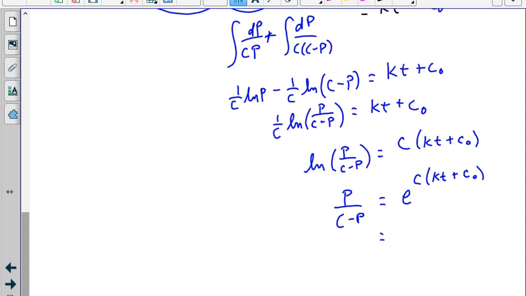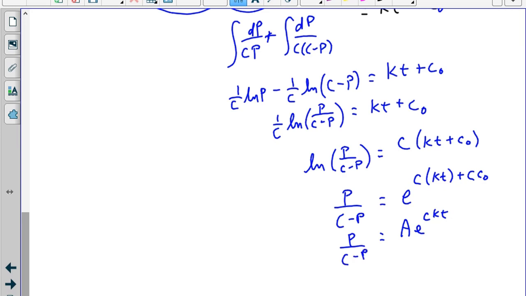Notice that e to the ckt is something that I can have here, and then I can change this to be A, some other constant. If I have a constant that's added in an exponent, I can change it to be some other constant multiplied, so A e to the ckt is over here.